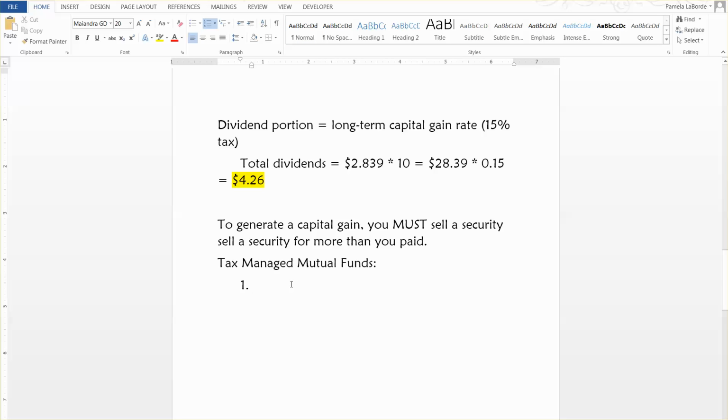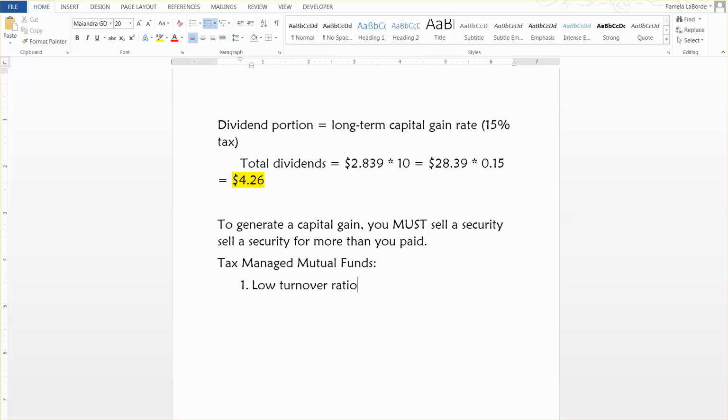So, this gets at the idea of turnover ratios. Turnover ratios, remember, represent the average length of time a fund holds a security before it sells it. So if a fund has a low turnover ratio, that means they don't actually sell securities that often and they don't generate realized capital gains, which means they don't generate capital gains that they must pass along to you, which will be taxed.